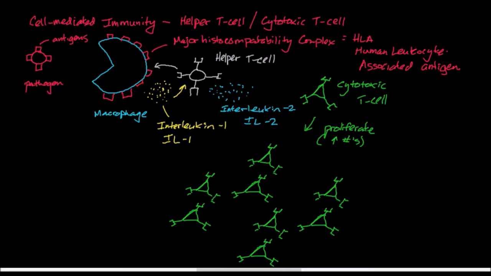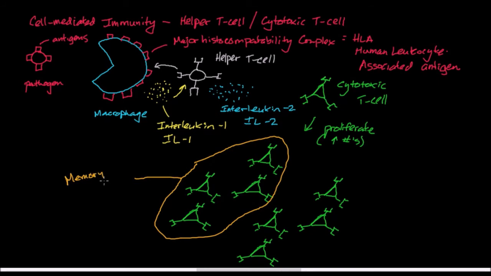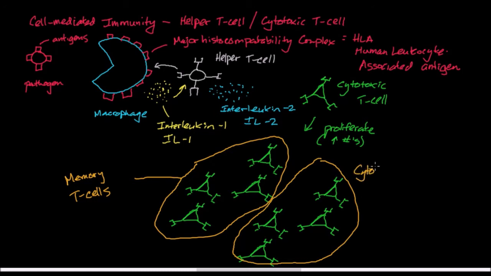Right. So some of these cytotoxic T cells won't go to battle at this point in time. We call these memory T cells. And these memory T cells will become activated the next time this pathogen enters the body. Then there are these cytotoxic T cells that will go into battle. Right? So these are just cytotoxic T cells.